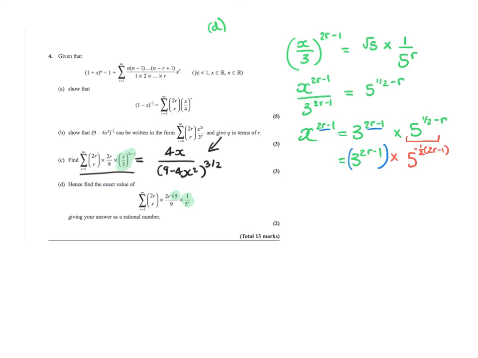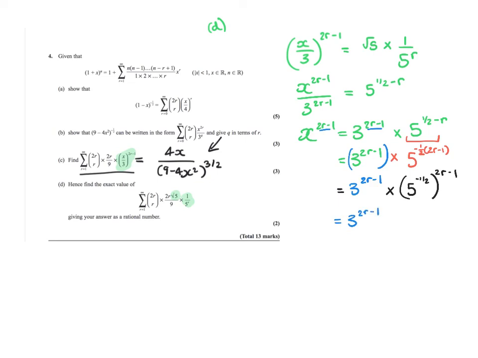Now where do I go from here? Well, I can rewrite this as 3 to the power of 2r minus 1 multiplied by 5 to the -1/2 to the power of 2r minus 1. Remember, power of a power means multiply. So this is 3 to the 2r minus 1.